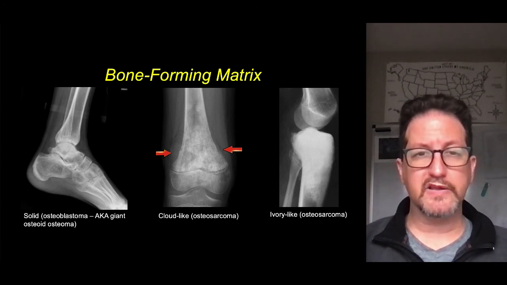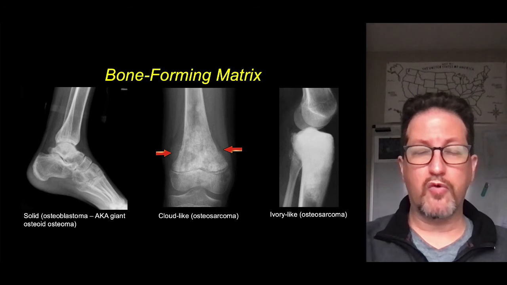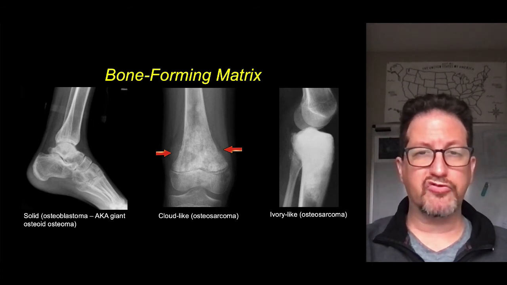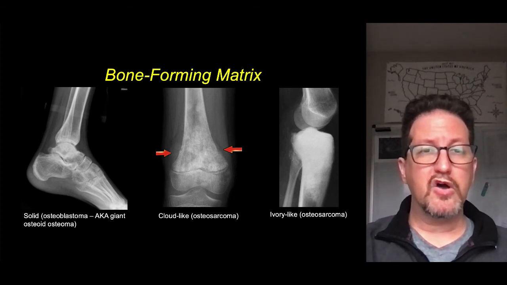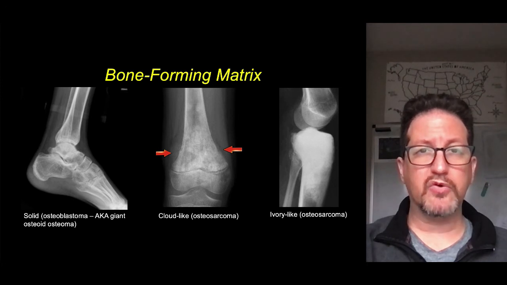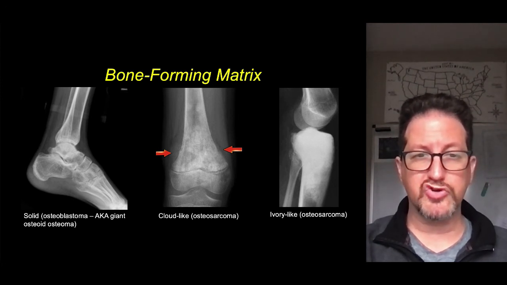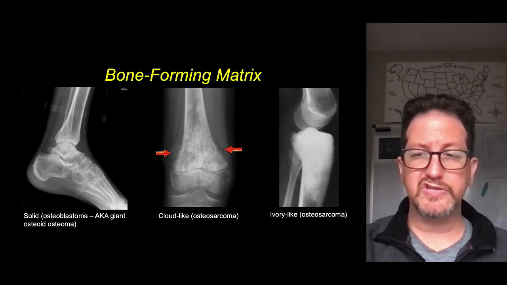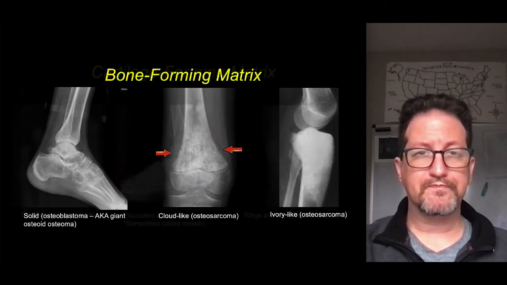So three kinds of bone forming or osteogenic matrices will tell you a lot about these tumors. The osteoblastoma, you'll recall, is a benign tumor, and it's really the same thing as an osteoid osteoma, except it's larger. So small is osteoid osteoma, large is osteoblastoma.